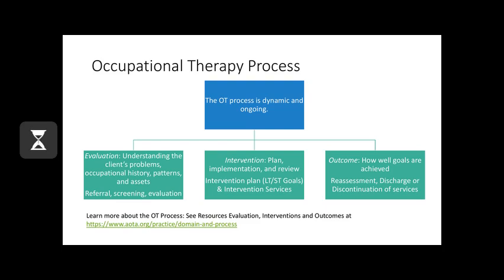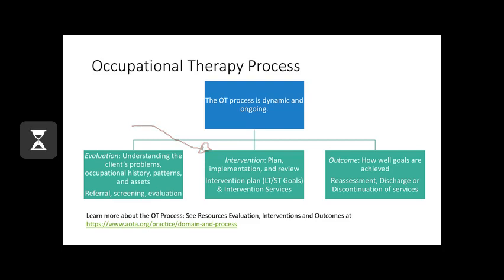In the evaluation, we often use assessment tools to identify levels of performance. The evaluation then kicks out the intervention plan, and the intervention plan includes planning and the implementation of it, so the intervention and review.